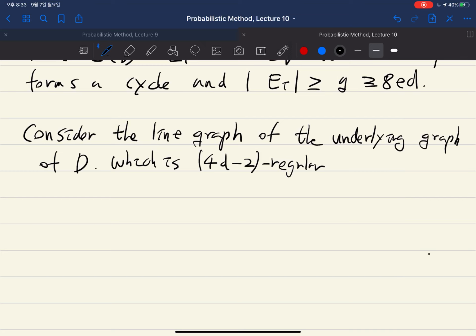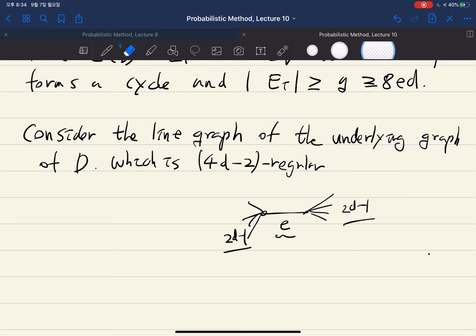Because you have one edge, then there are 2D minus 1 edges. Because this D-regular digraph means every vertex has D outgoing edges and D incoming edges, so 2D edges in total. Here 2D minus 1. So in total, E is incident with 4D minus 2 other edges.